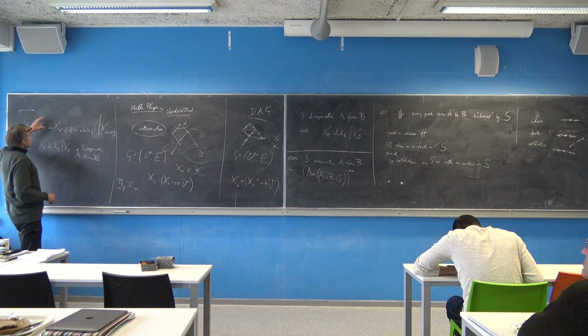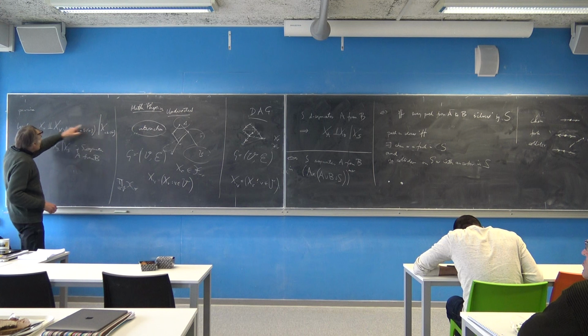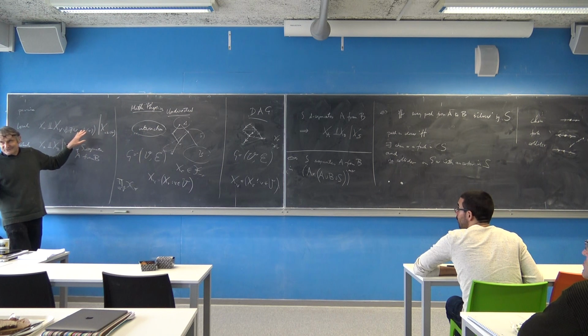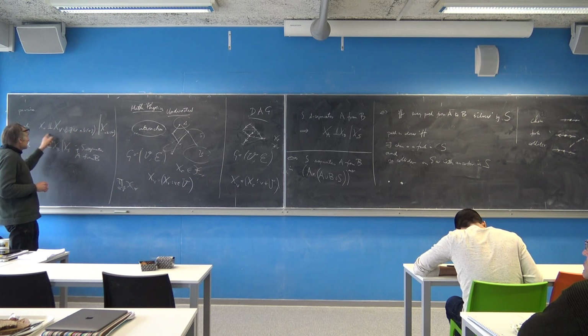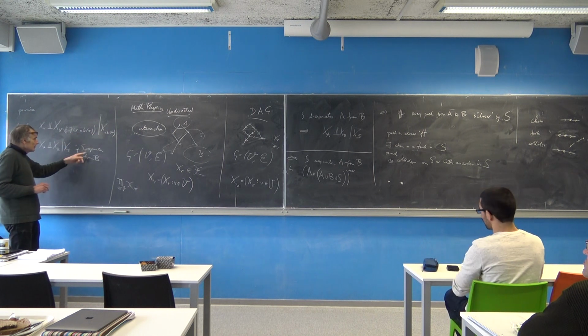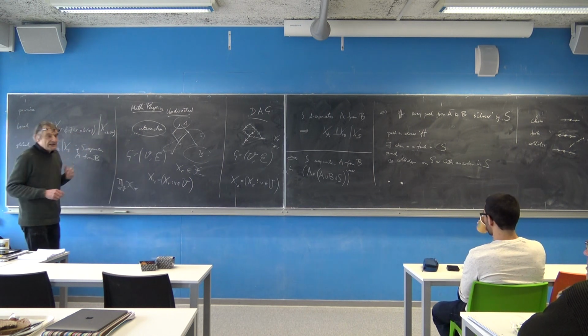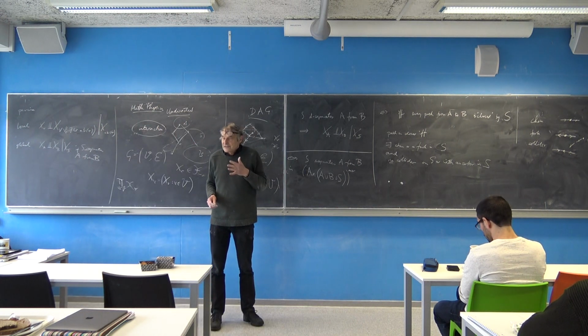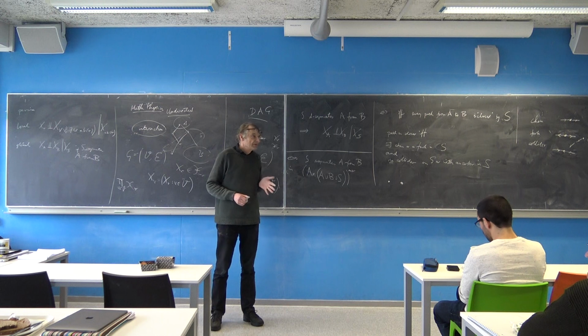Let me say something which I know is true. The set of all local Markov properties implies the set of all global Markov properties if the joint probability distribution satisfies those five rules.